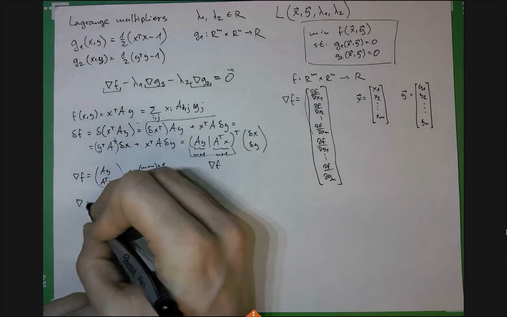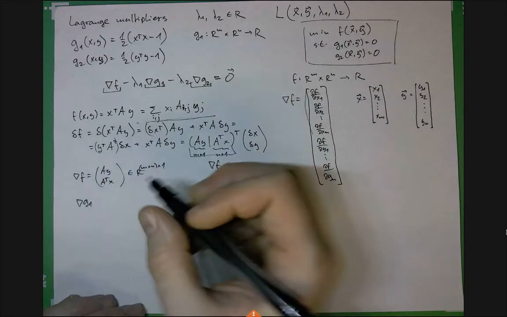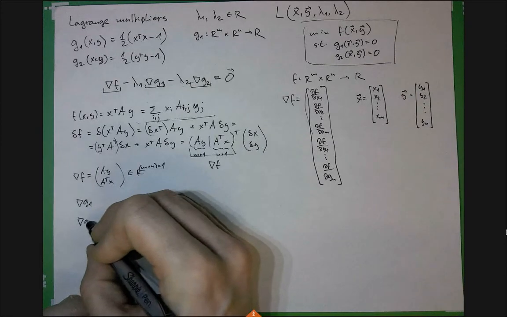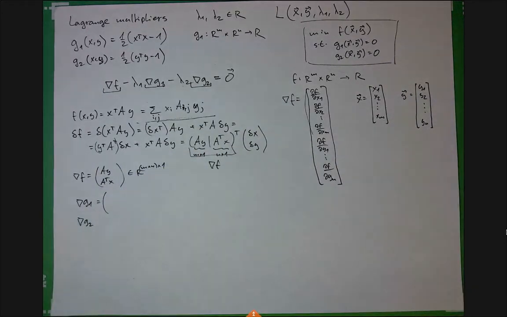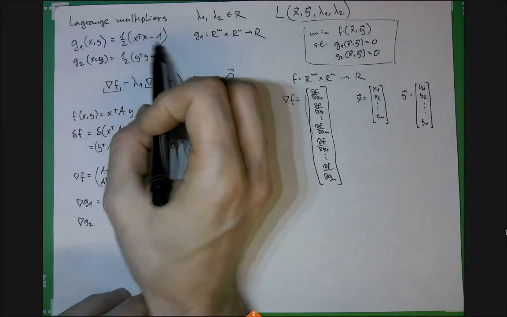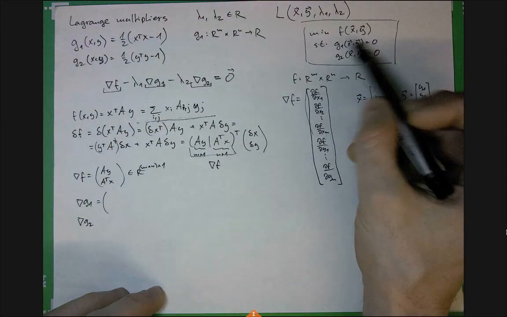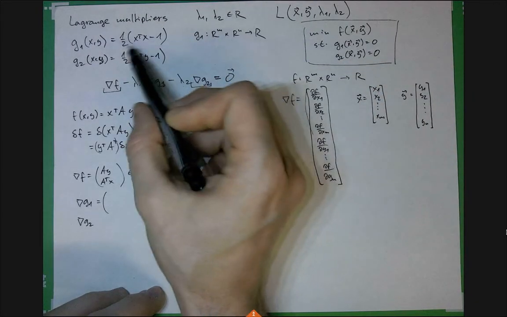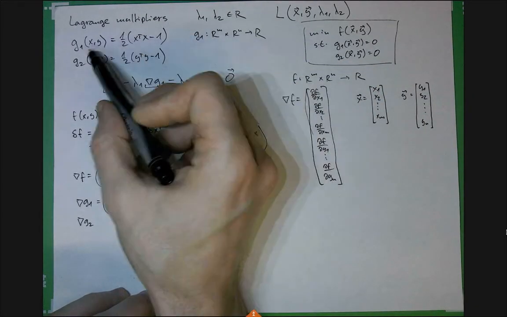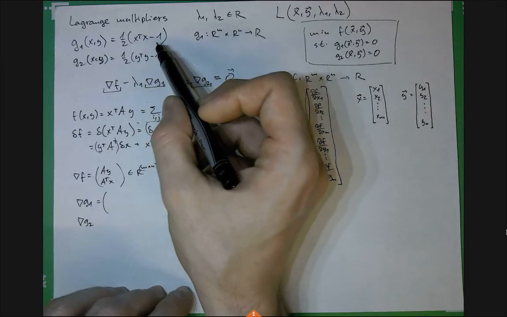So how about the gradient of G1 and the gradient of G2? Could you guess it? G1 was this function, right? That's our constraint function. The purpose of it is that we set it to 0. But as far as the gradient is concerned, it's just a function of x and y that assigns a scalar.